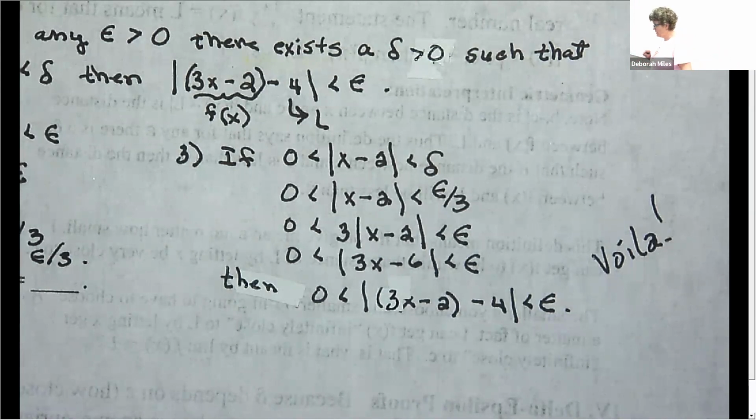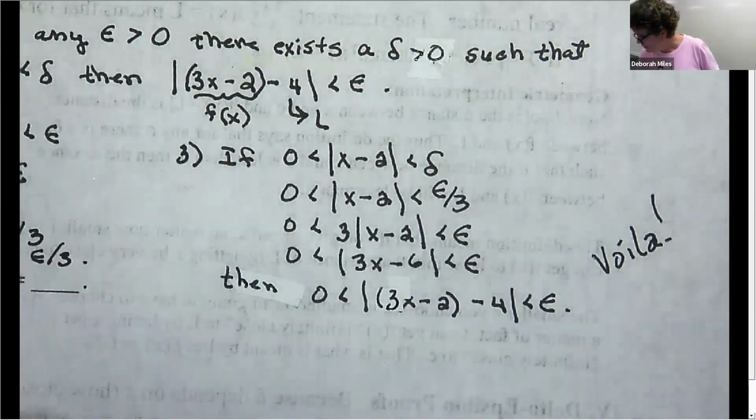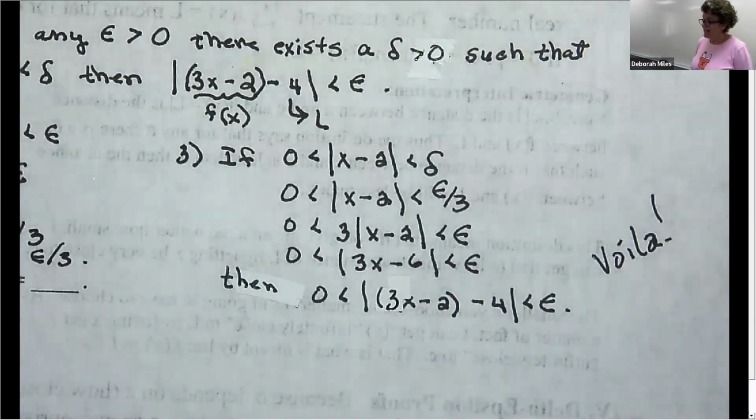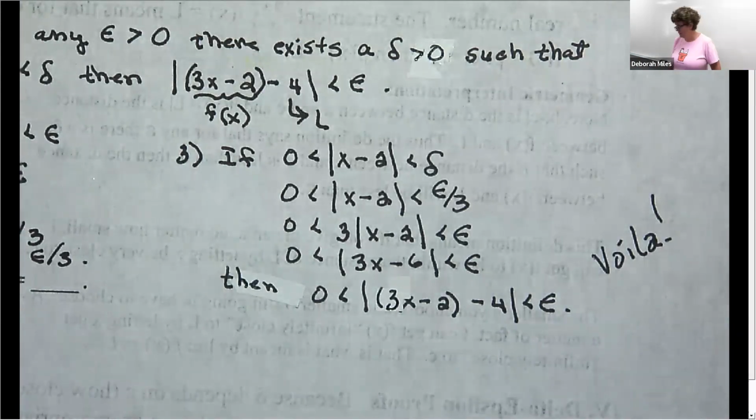What's a third of a quarter? A 12th. X is going to have to be within a 12th of a unit of 2 in order for y to be within a quarter unit of 4. And that's because the slope of the line is 3.